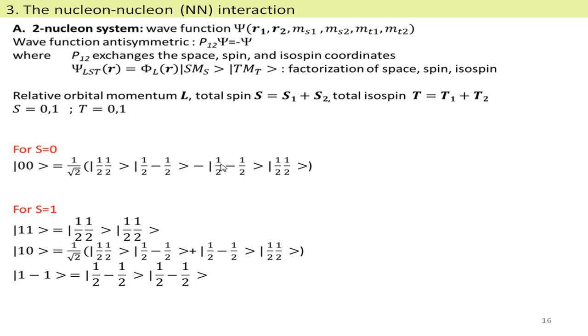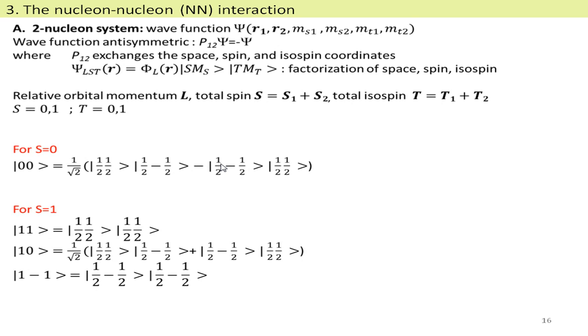And we know that we don't know this wave function, of course, but we know one of its properties is that it must be antisymmetric. So if we exchange the coordinates of nucleon 1 and nucleon 2, we should recover the same wave function but with a minus sign.